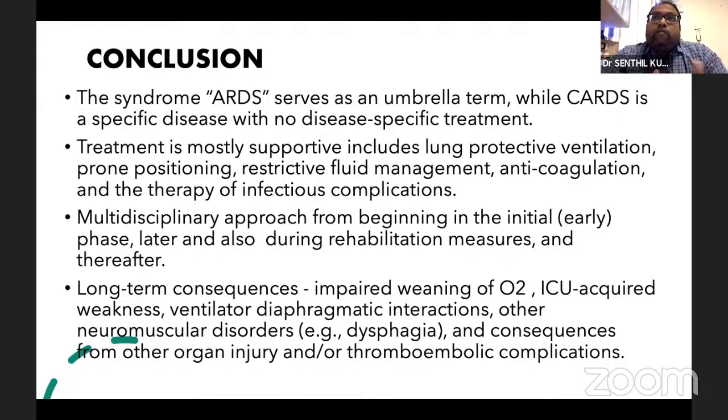Once the inflammatory response and cascade come down, then only will lung healing start. The type 2 alveolar epithelium starts repopulating the lung and restores the lung's structural integrity. Until then, we have to give supportive therapy, which includes lung protective ventilation, proning, positioning, restrictive fluid management, anticoagulants, and therapy for infectious complications. All these things have to continue.